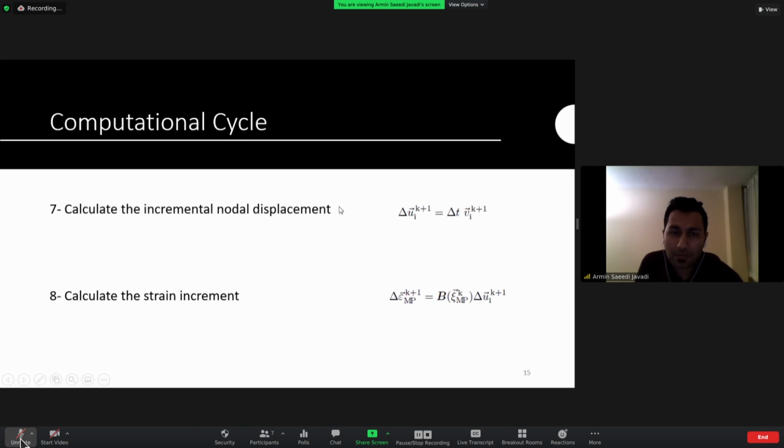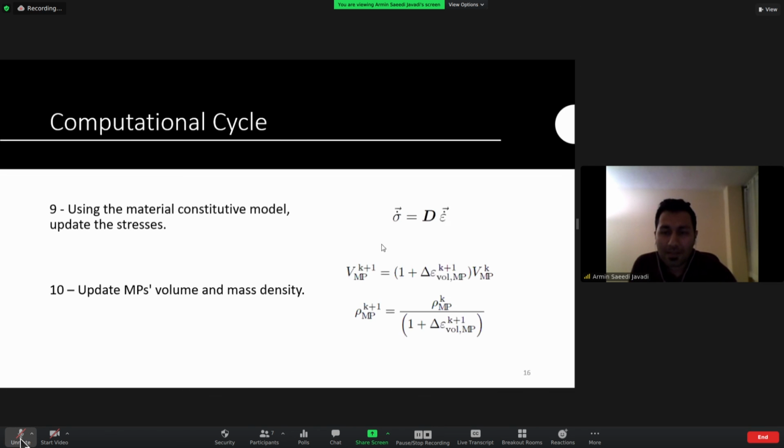Having that velocity, we can easily calculate the nodal displacement, and after that we can calculate the strain increment. And now that's our stress update. Using our constitutive model, we can update our stress. And we have only 3 more steps.